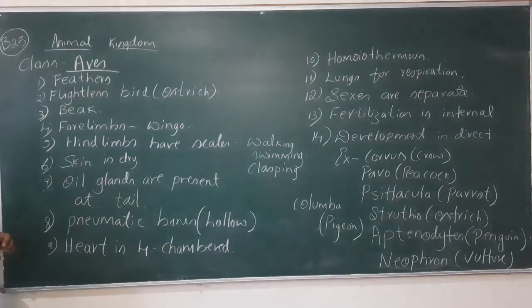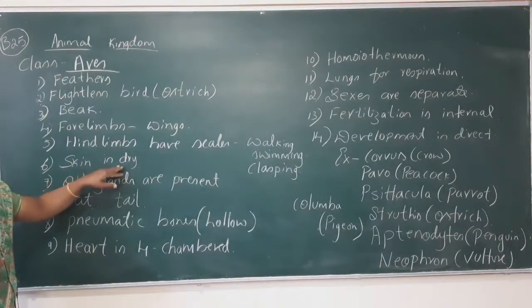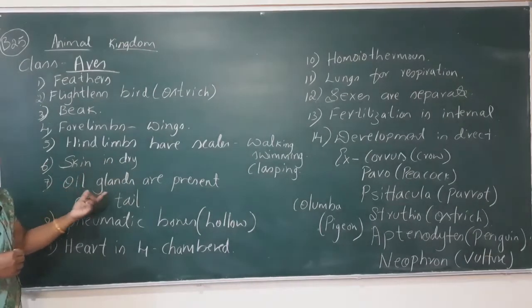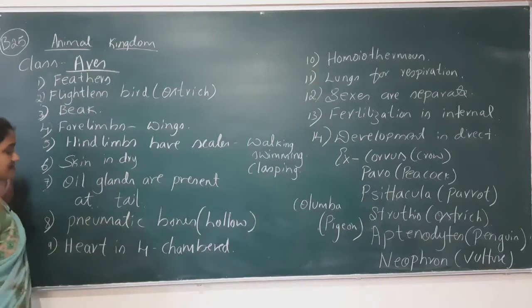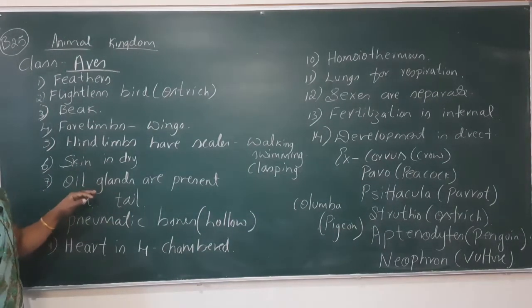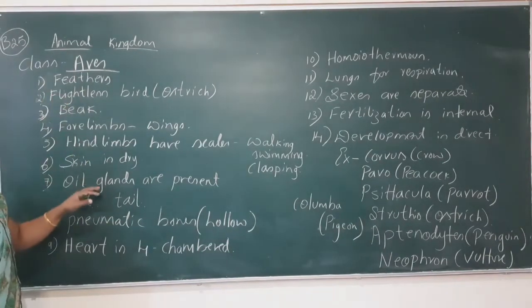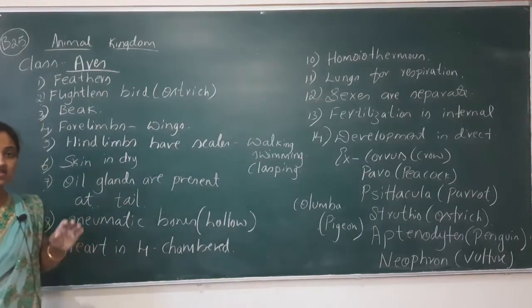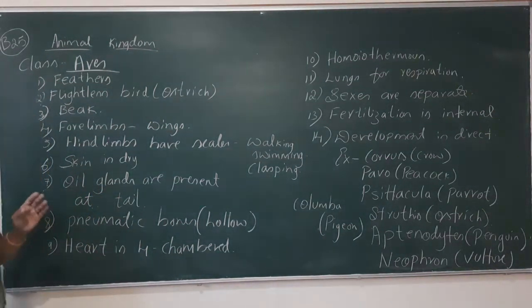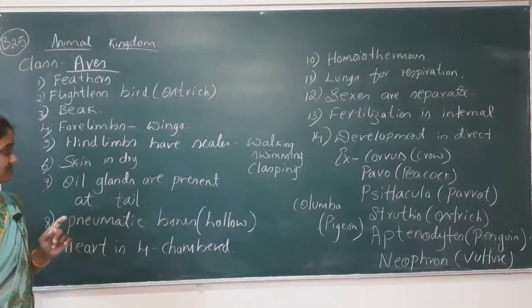The skin is dry. It has oil glands at the base of the tail. You have to write this character in class Aves. It possesses oil glands at the base of the tail.